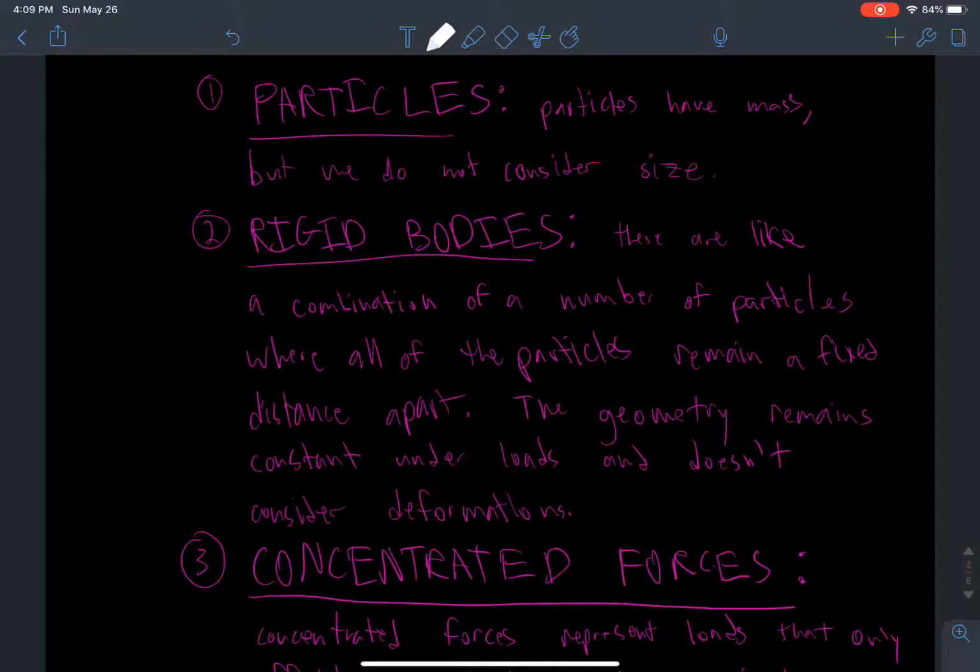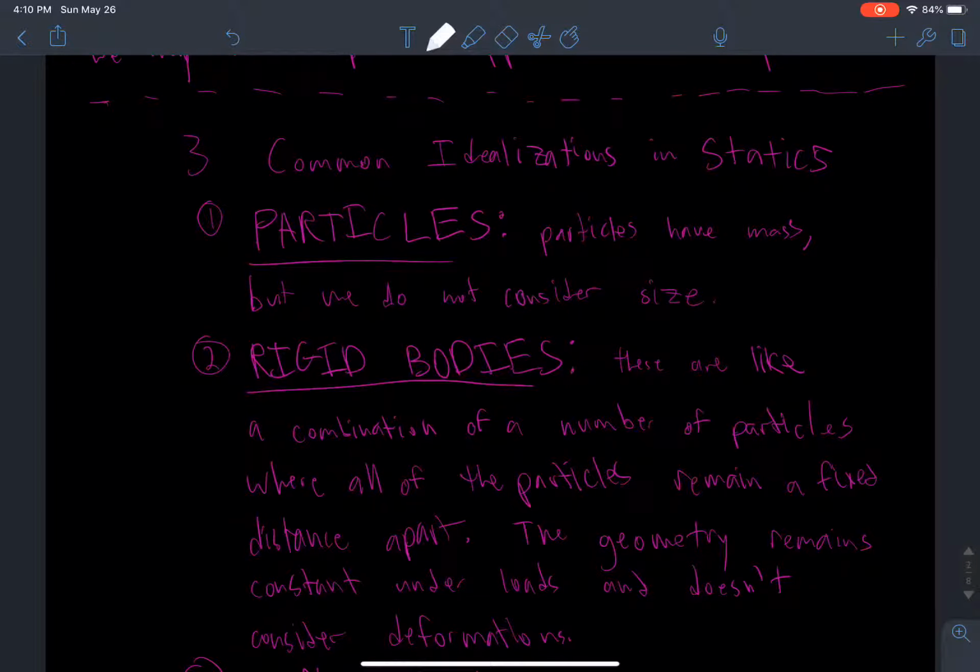And I have written out here some more explanation of the stuff. Particles, you've probably already used particle simplifications before in high school or maybe even middle school. I think that they're starting to do stuff like that in middle school.